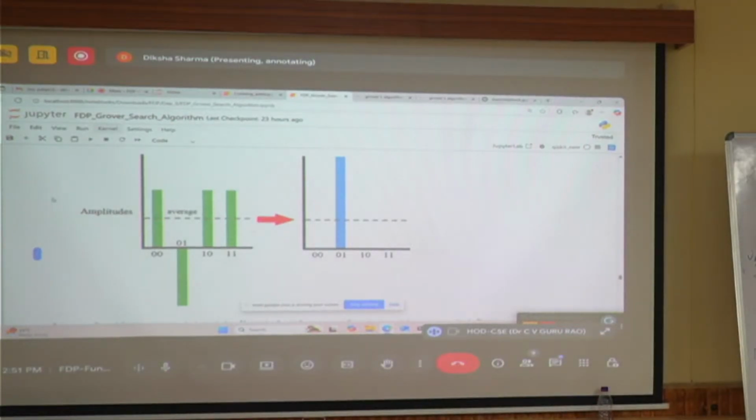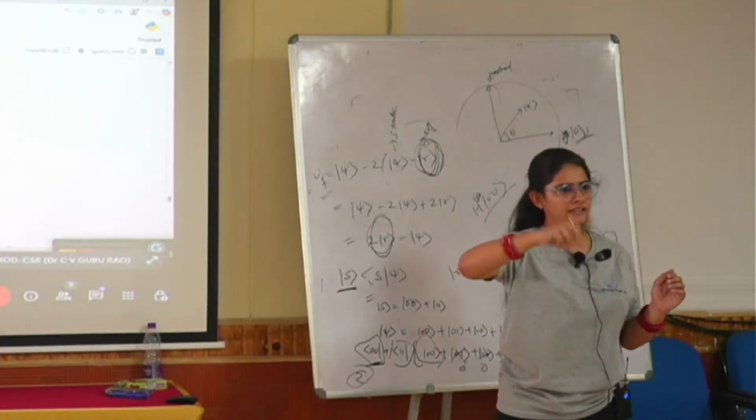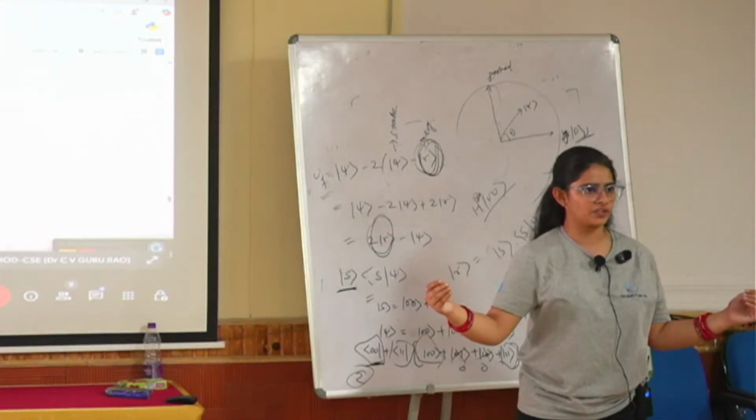Take any database, put any negative value in that and say that you are only interested in that particular negative value. With a simple calculation, you would see that that particular negative value will at the end have the highest value compared to all other positive values.